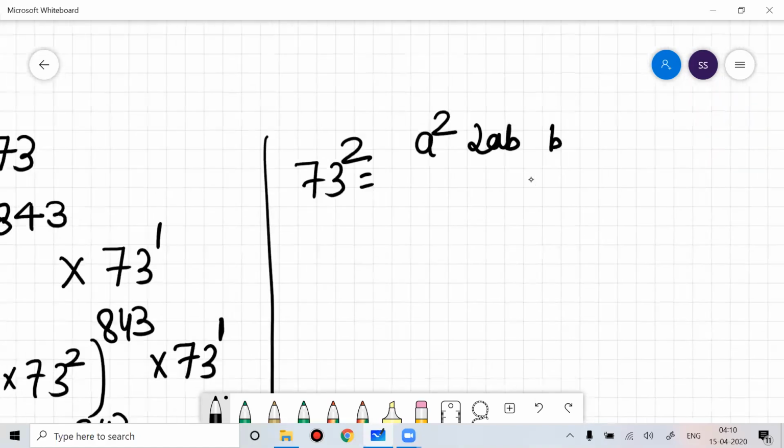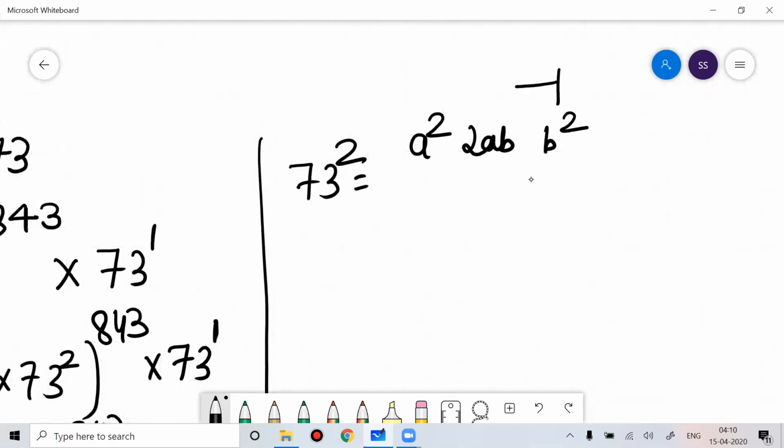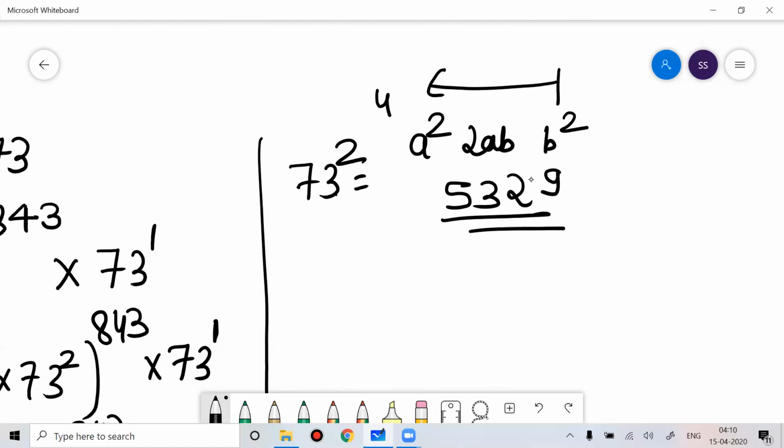I have made a Vedic maths video for that also. So 3 square is 9, start from here. Then 7 times 3 is 21, and 21 twos is 42. Write 2, carry 4, and 7 square is 49 plus 4, that is 53. So 73 square is 5329, and the last two digits are 29.